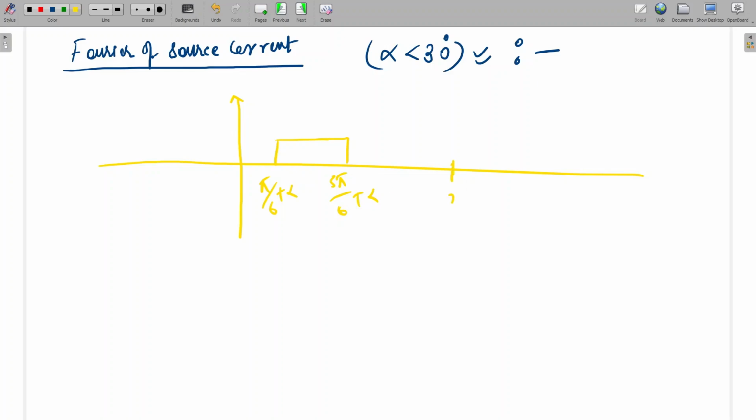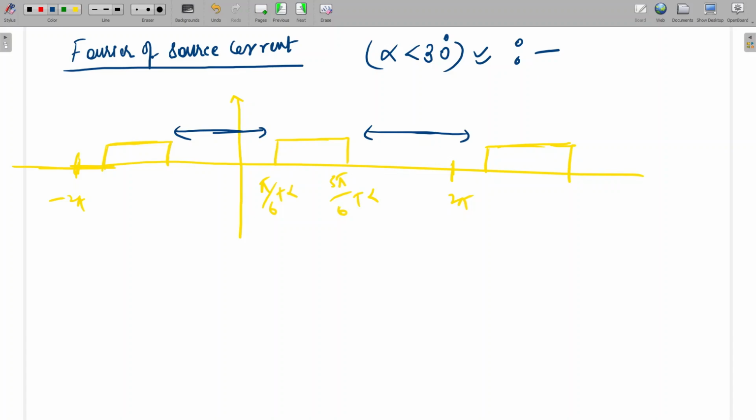Again here 2 pi, and this distance will be the same. It will be repeated. If we go to the minus side, let's say minus 2 pi will be there. Again here it will be the same waveform.